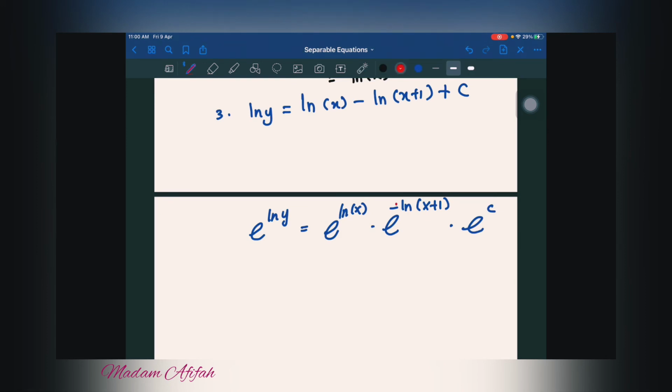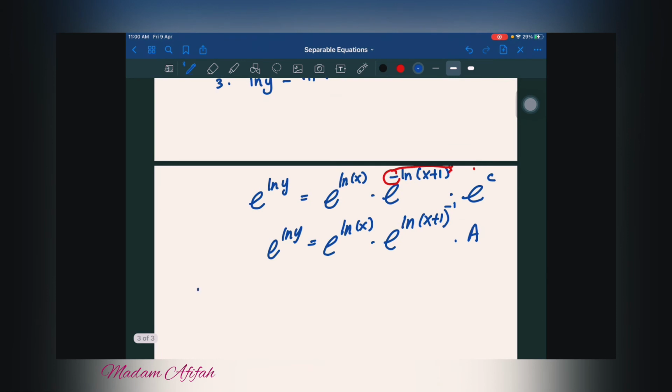For this one you have a negative, so the negative needs to be brought in as the power, so that you have e to the ln y equals e to the ln x multiplied by e to the ln (x plus 1) to the power of negative 1. Since e to the c is a constant, I let it be another constant a. So I let a equal e to the c.